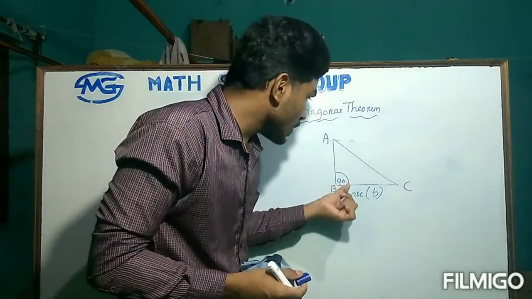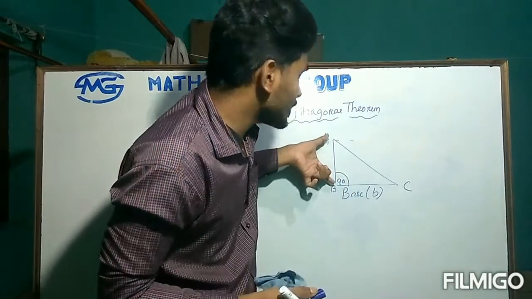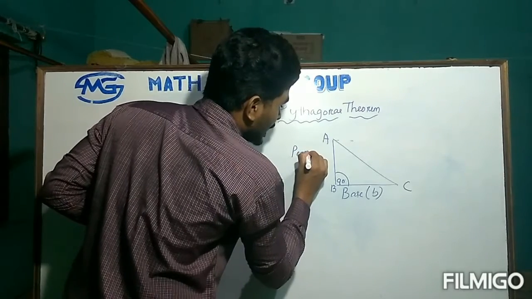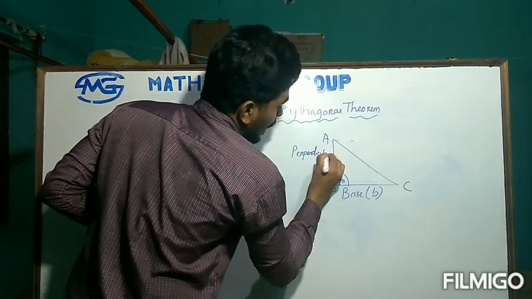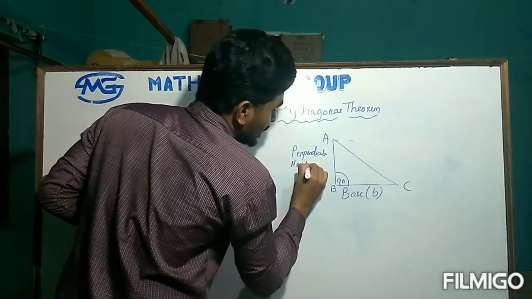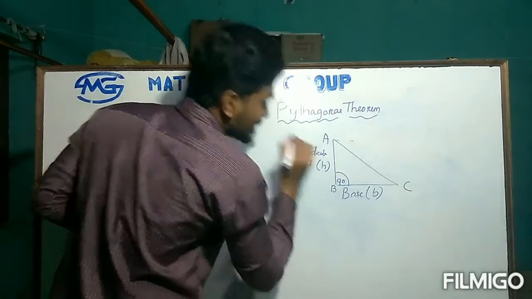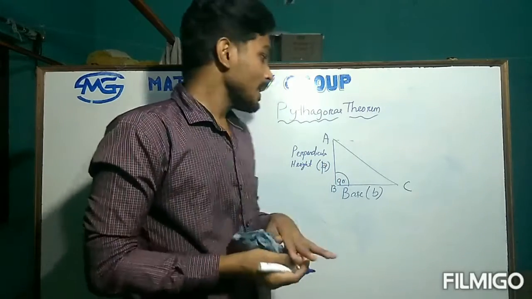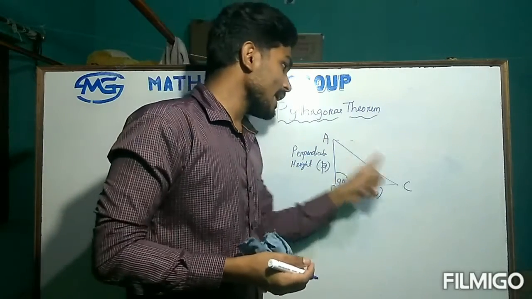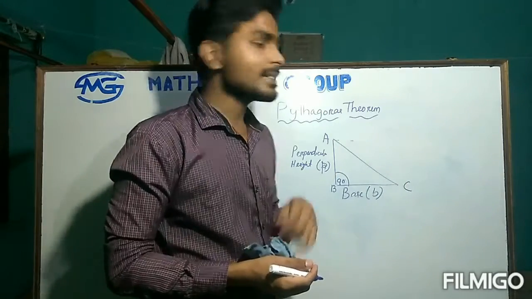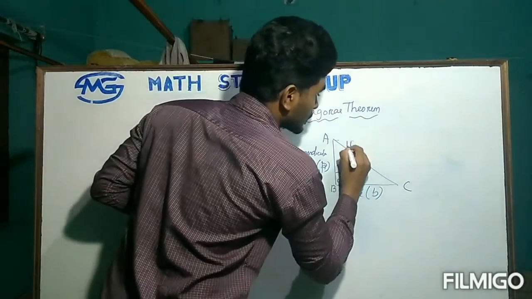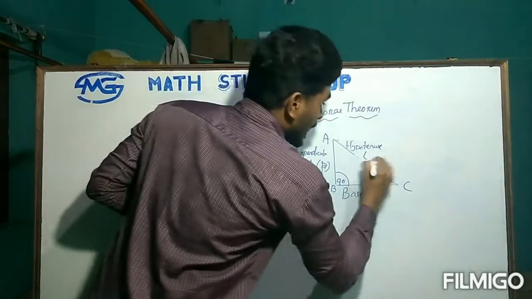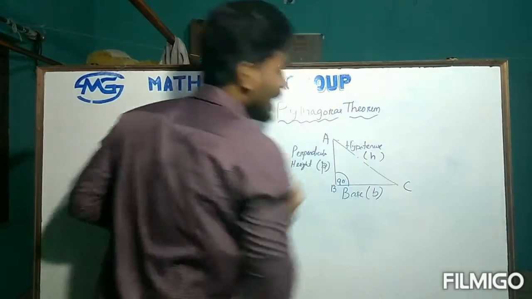Since it is 90 degrees, it is known as perpendicular height, and it is also known by the small English alphabet p. Then the rest part is the AC side. The AC side of a right angle triangle is known as hypotenuse, and it is named as small h.